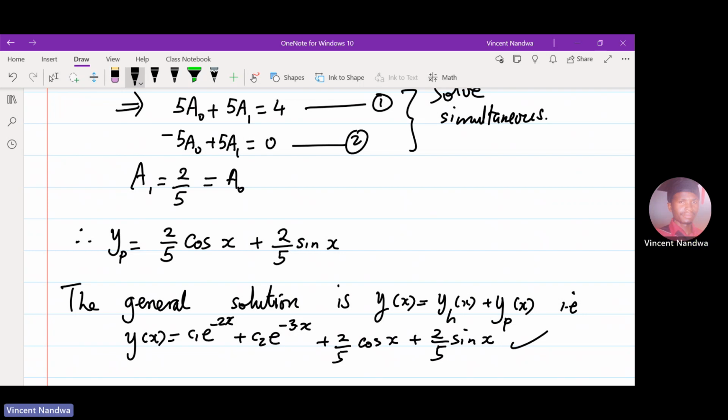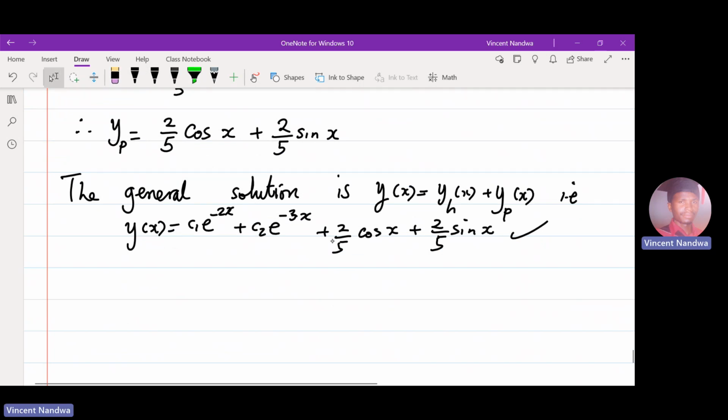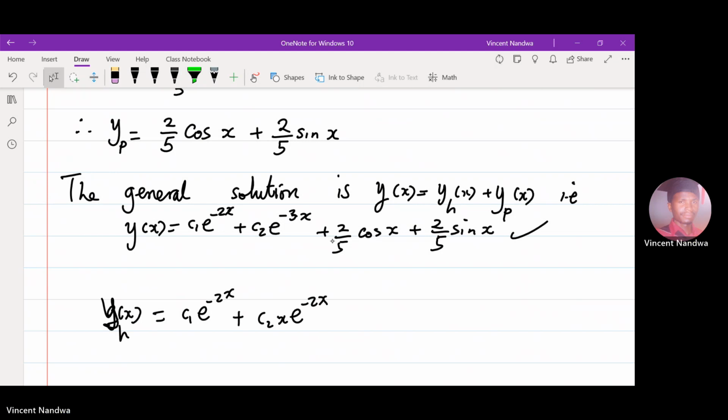Assuming now, just by the way, there was another question where you solve for yh and you get c1 e power minus 2x plus c2 x e power minus 2x, and g of x is given by x e power minus 2x.